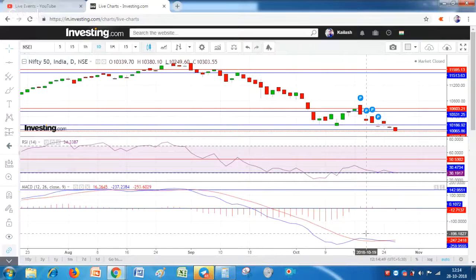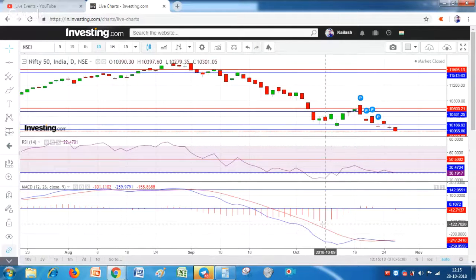MACD signals are still intact, showing bearishness, but these days it has given some movement upside. We can say it in two ways: either the signal is very reliable, or it is a little confusing as well. The signal may confuse a few people.